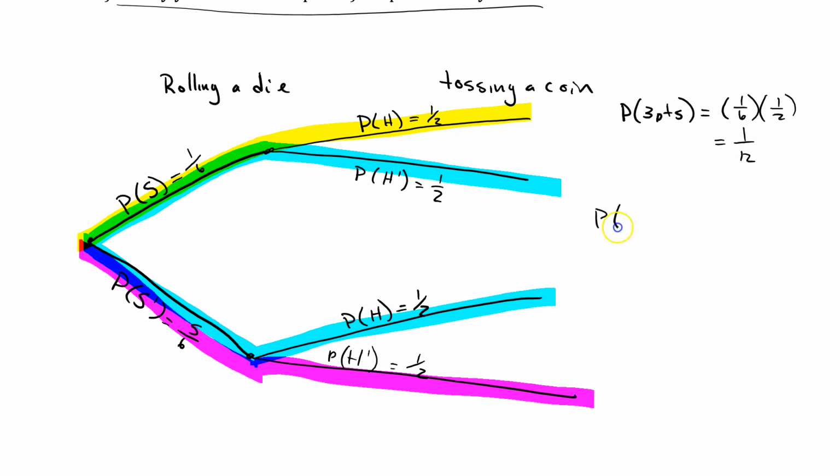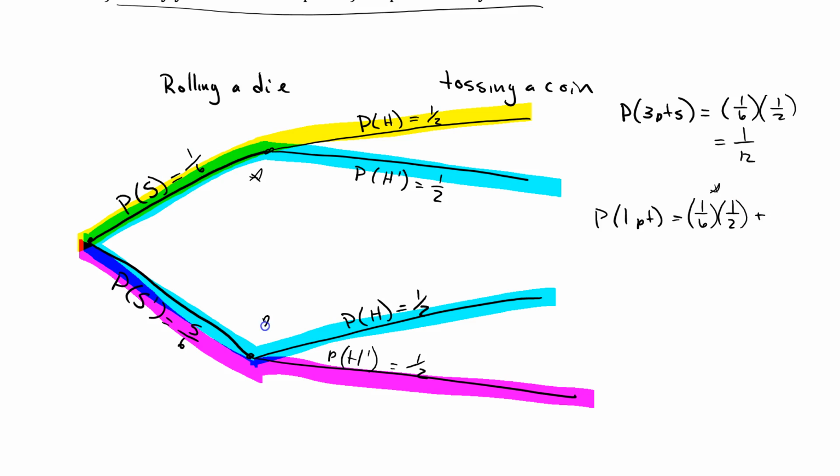The probability of 1 point. Now we have to add up these two probabilities here. It's kind of like cases. We're going to say 1/6 times 1/2. That is this journey here. 1/6, so you roll a 6 and then you roll a not heads.